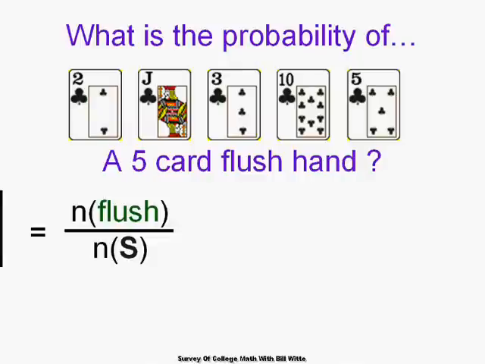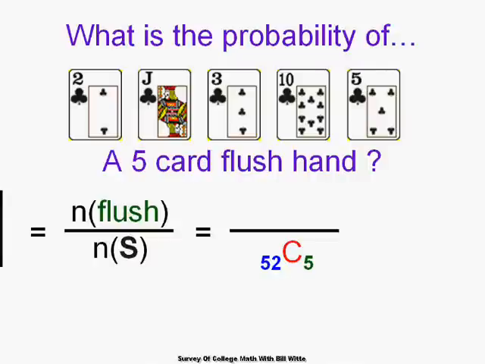Okay, let's start with the sample space. The number of ways I can get 5 cards from a 52-card deck is quite simply a combination of 52 cards taken 5 at a time. Notice it was a combination because order didn't count.